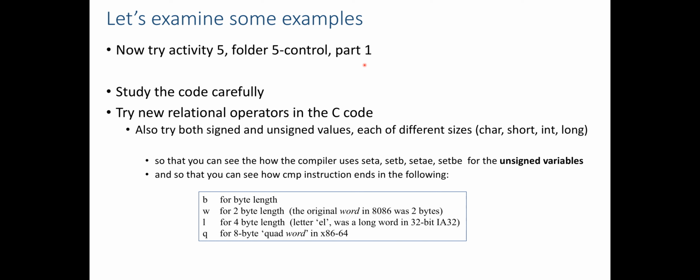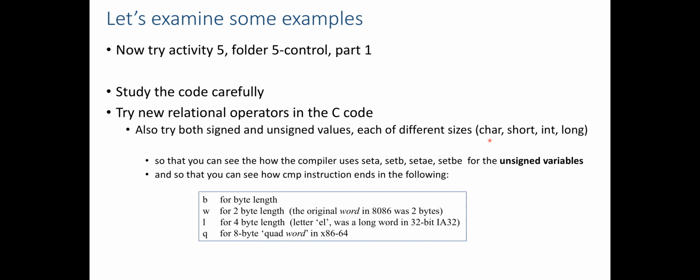So I want you to go ahead, try only part one of this activity. There's two parts to it. We're just going to do part one. And you'll want to study the code fairly carefully, like I've just gone through with you now, and try different relational operators. Besides greater than, try all the other relational operators you can think of, and look at the code that gets made from that, the assembly code.